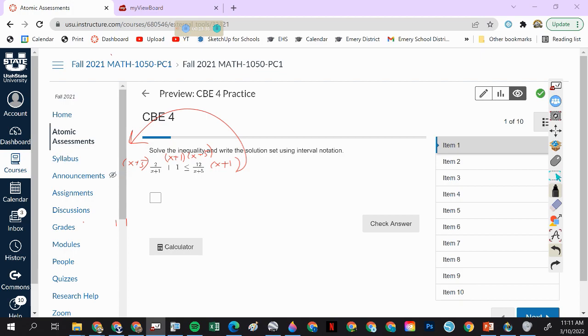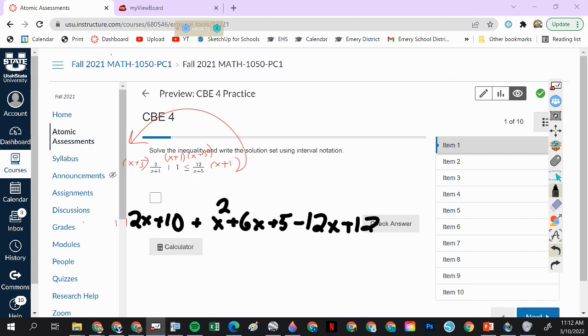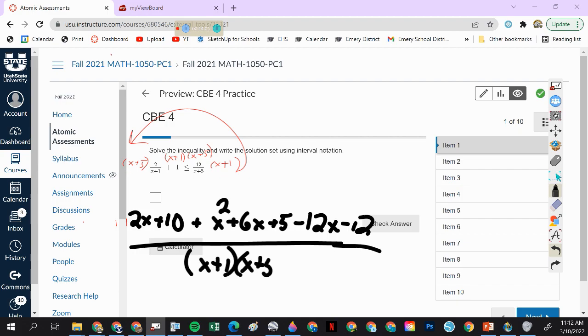So, left side is 2x plus 10 plus x squared plus 6x plus 5. And then I'm going to subtract 12x plus 12. And all of that, oh, minus 12, thank you. All of that is over x plus 1 times x plus 5.